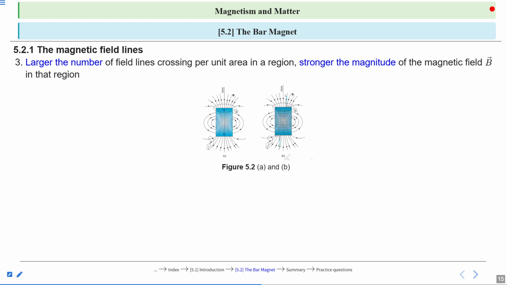You can see in the diagram. Near the ends, or inside the magnet, or inside the solenoid, magnetic field lines are closely spaced. So this region has a strong magnetic field. Also at the ends, magnetic field lines are closely spaced. When going away from the ends, magnetic field lines go farther apart and the magnetic field strength decreases. Also, in the sideway region of the magnet or solenoid, there is a very weak magnetic field.